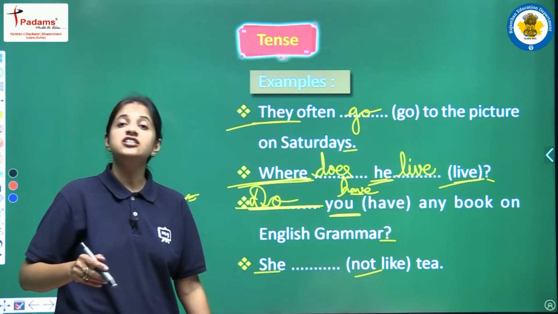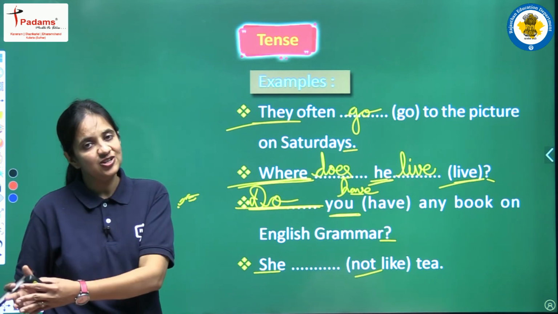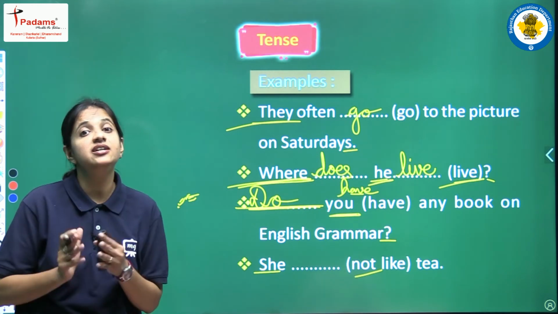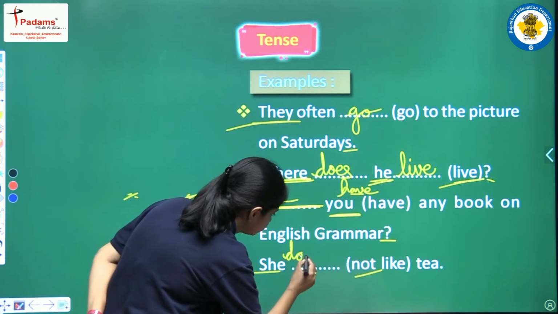The subject is she, and we all know she is a singular subject, and for a singular subject we always use does. So first of all we will write does.